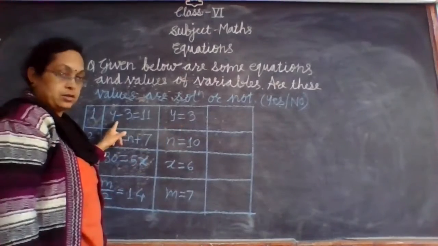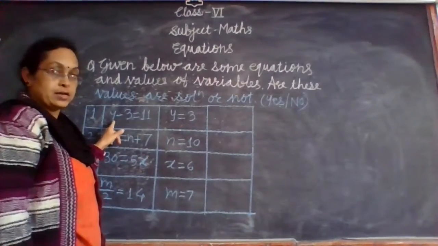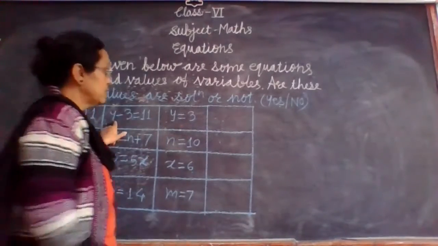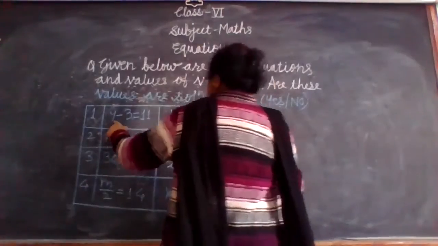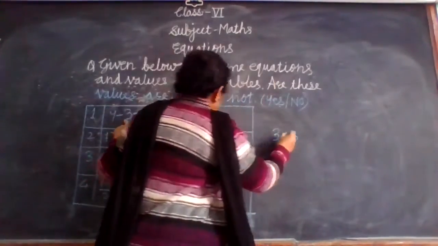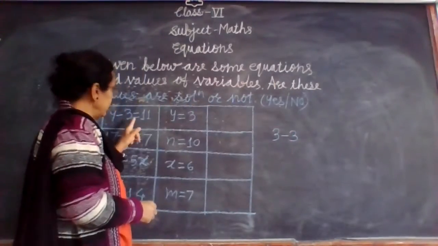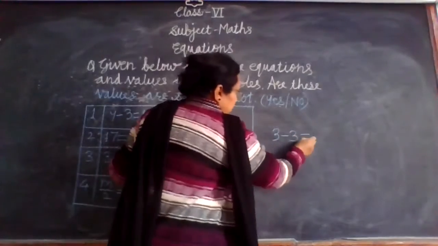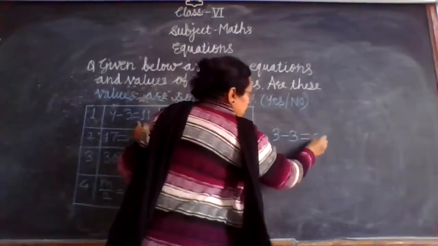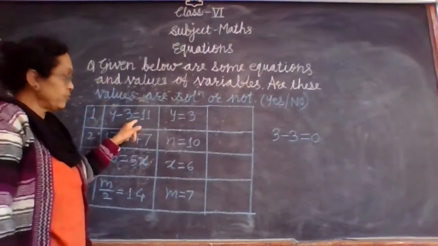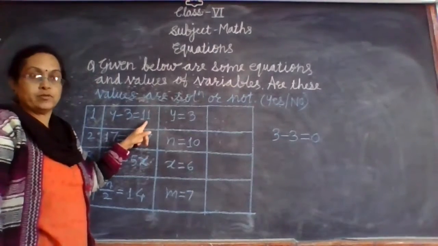If we write y as 3, let us check. Then 3 minus 3 comes out to be 0 here. But the right hand side of the equation is equal to 11.